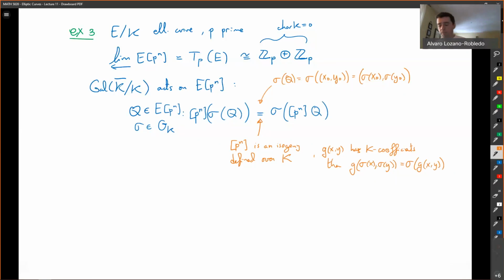So if that is a rational function, then sigma commutes with g.